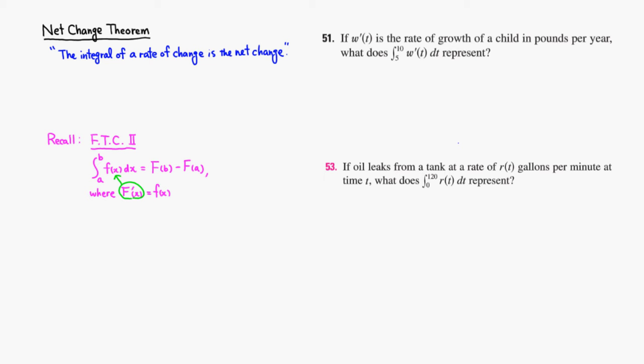So we can write it this way: the integral from a to b of capital F prime of x dx is equal to capital F of b minus capital F of a.